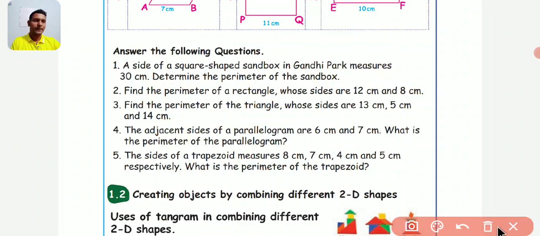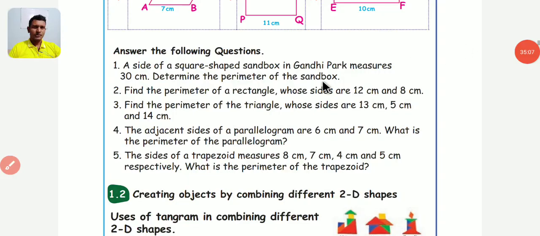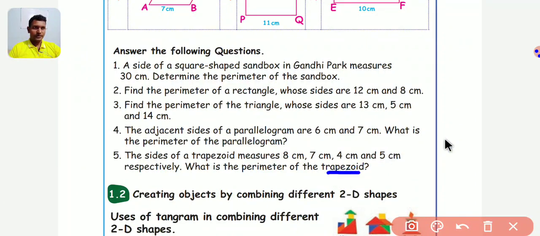Okay, so now I'm going to draw the trapezoid. Here they are giving the measures.